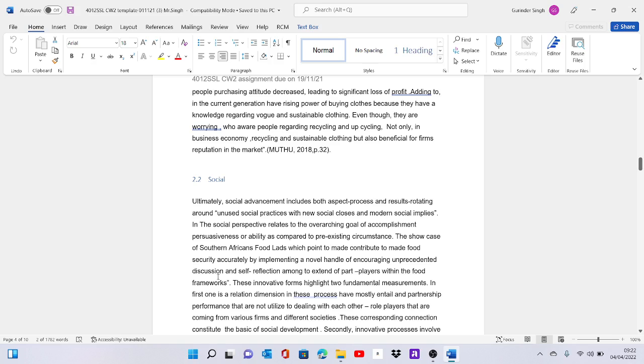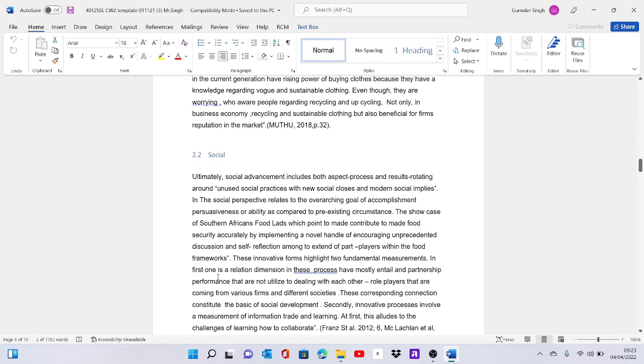Social. Ultimately, social advancement includes both process and result, revolving around new social practices with new social clauses and modern social impulse. In the social perspective, the overarching goal is accomplishment over pre-existing circumstances.